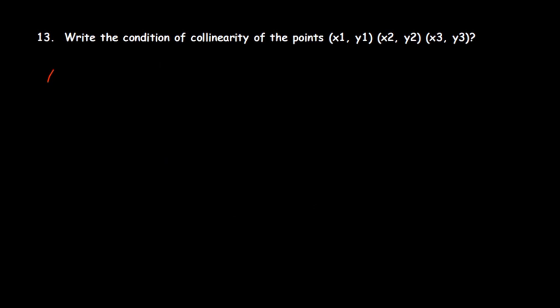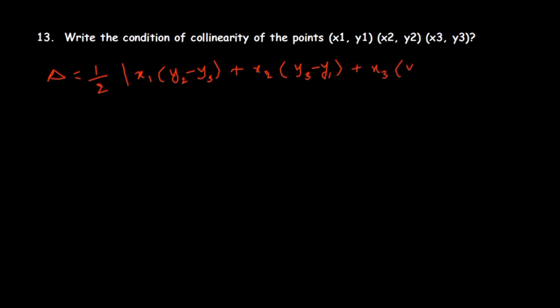So generally, you know the delta formula, that means to find the area of a triangle, we have the formula delta equal to half of the modulus of x1 into (y2 minus y3) plus x2 into (y3 minus y1) plus x3 into (y1 minus y2).